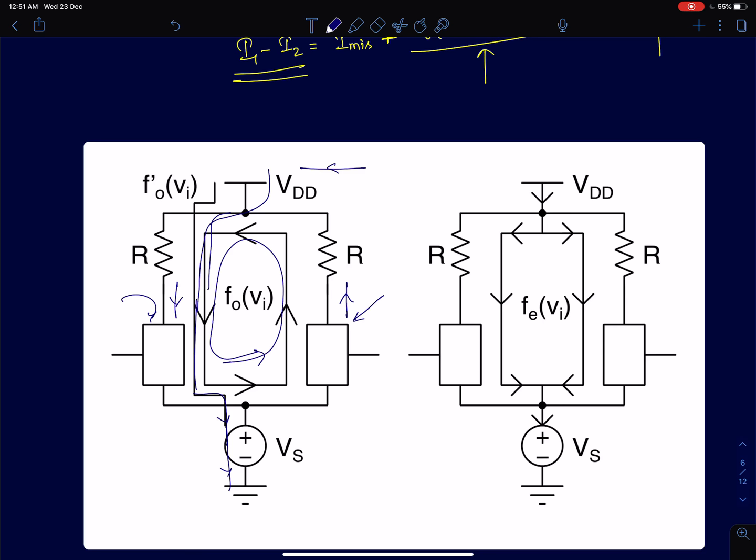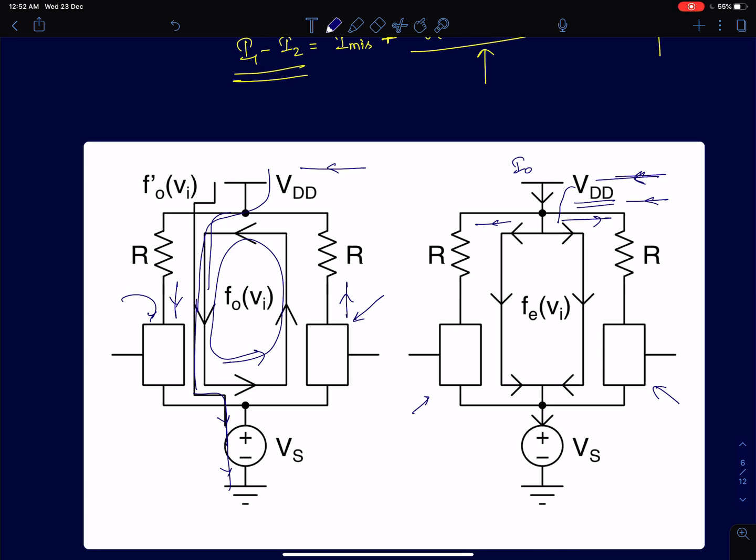And in case of even harmonics, to begin with, all the even harmonic current has to fully flow through the supply, and it gets divided unequally here, because in this case both the devices don't carry the same even harmonic component currents, since there is a mismatch between the two devices. But still the total current is going to come from the supply voltage. So this even harmonic current is in addition to the DC current I0, which is being drawn out of the supply VDD.